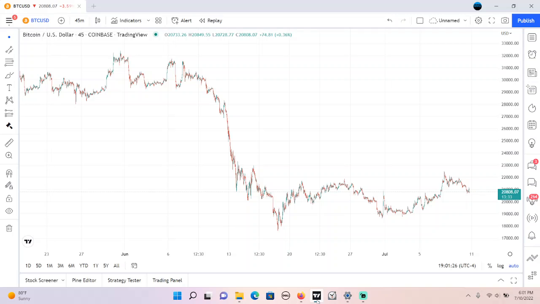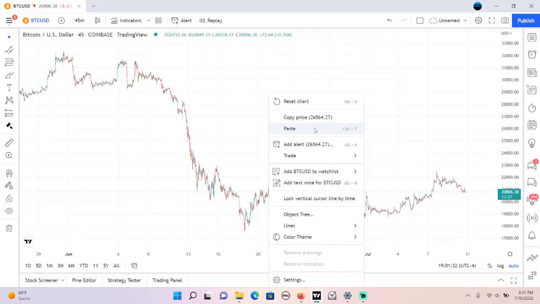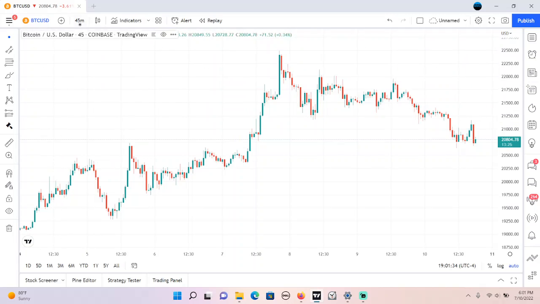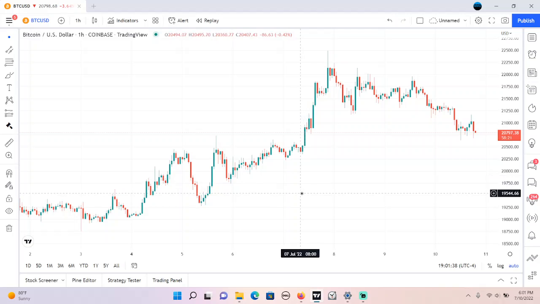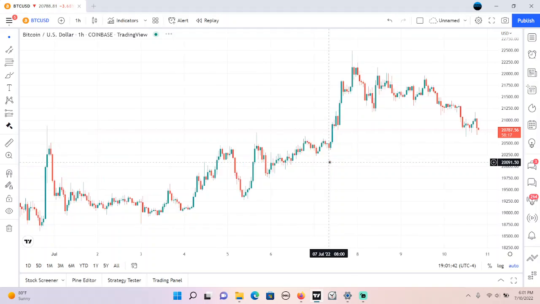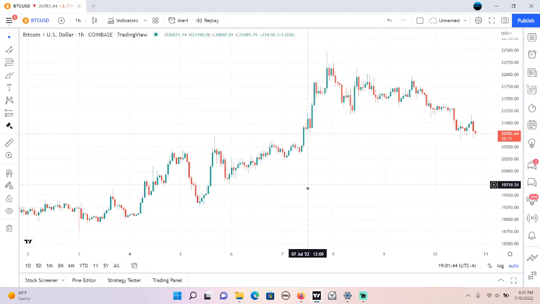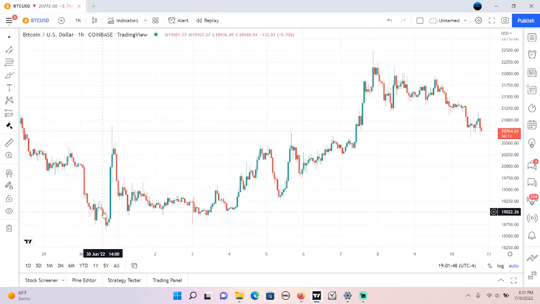In this video, I will be explaining supports and resistances and how to use them. So a support, we'll take a look at the Bitcoin hourly chart. Here, a support is a level where the price rejects going lower.